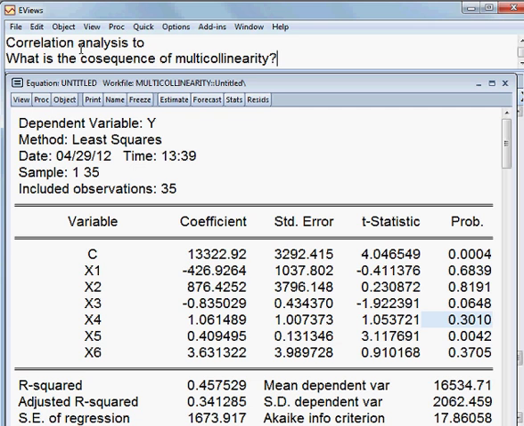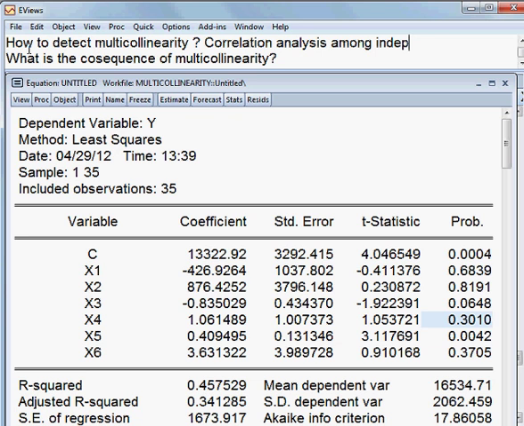Okay, then comes how to detect multicollinearity now. How to detect multicollinearity, right? We have to do the correlation analysis among the independent variables only.